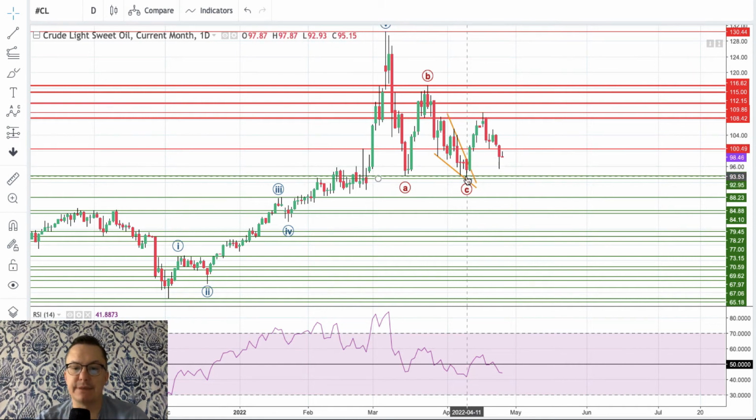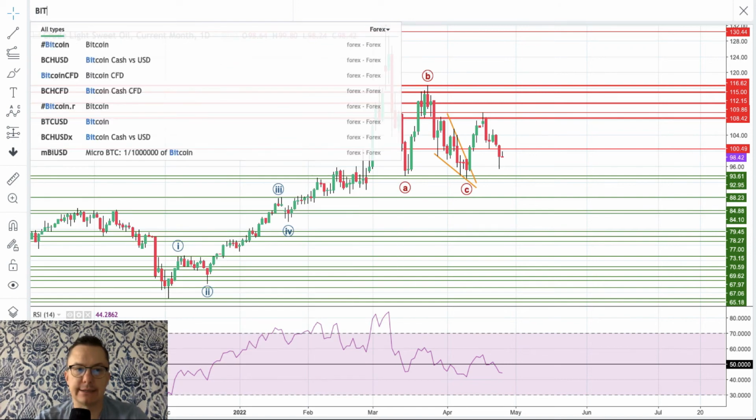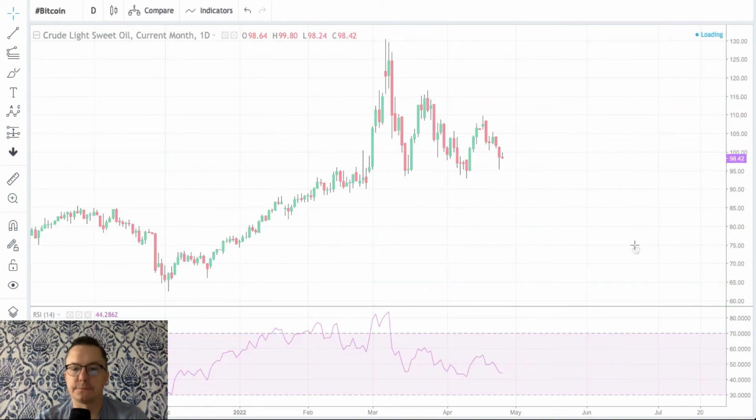If this is the ABC pattern completed, then this is of course the connector, so that's the wave X, and that will be A, B and C to the downside again. So we should see a complex corrective pattern on the crude oil. So crude oil done. Let's take a look at Bitcoin.